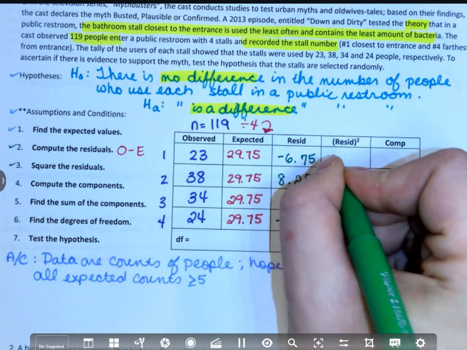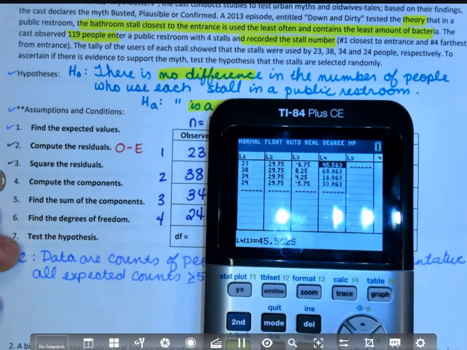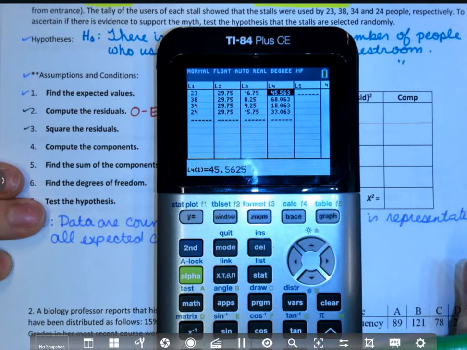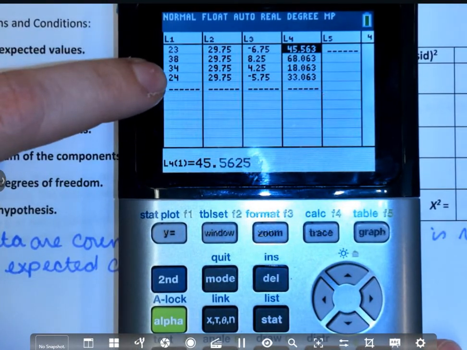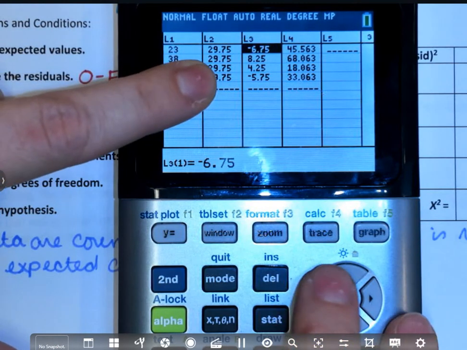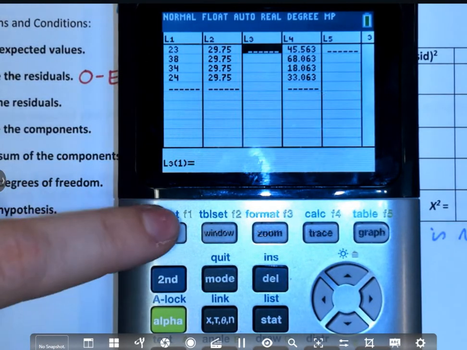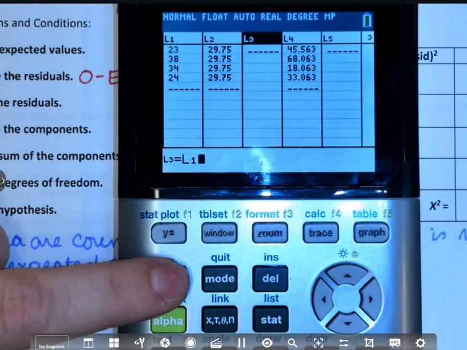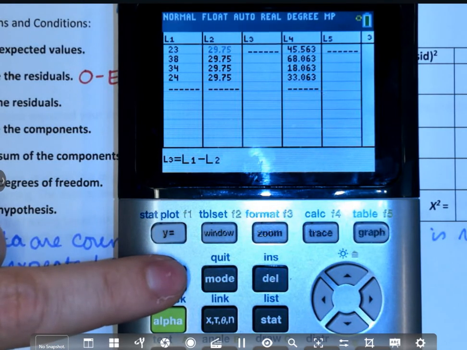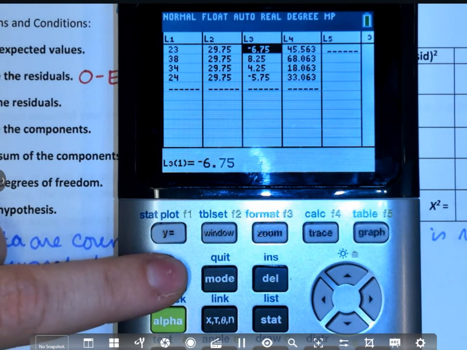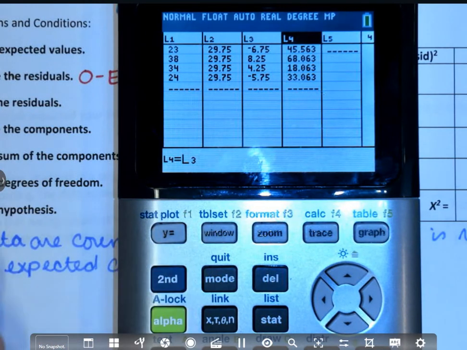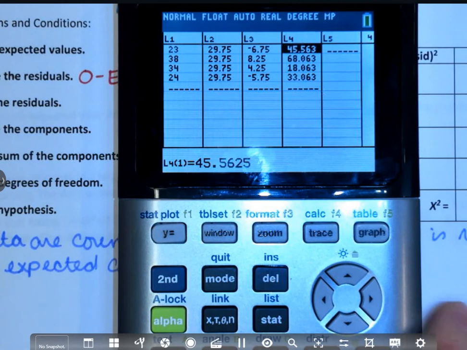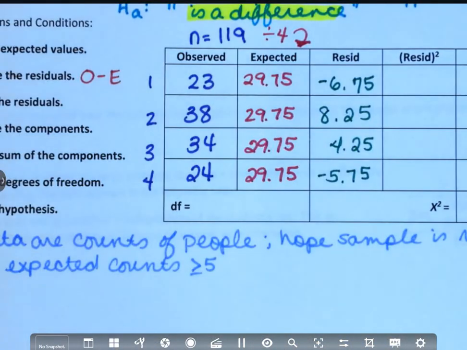And I'm coming up with, and by the way, what I'm doing, because I'm lazy, I put observed, I put expected. Then I did observed minus expected. Then I did that guy squared. And we will make this go a little bit quicker also.